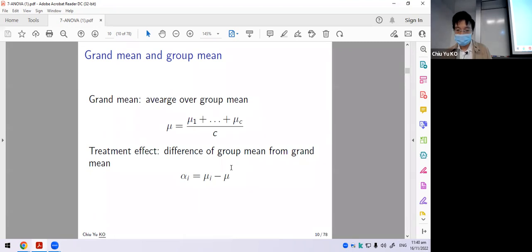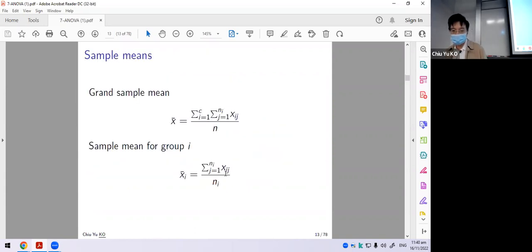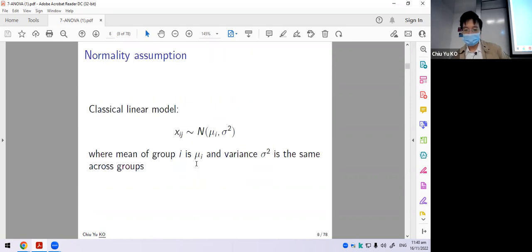And the next we would say is we can estimate mu and mu i according to the sample counterpart, right? The grand mean is just averaging all observations, right? It simply means your data, right?